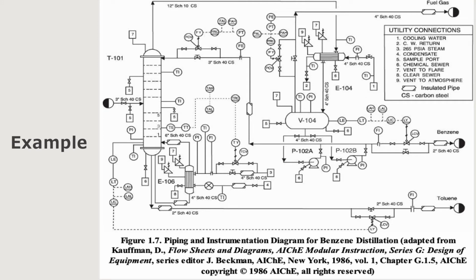This is an example of a piping and instrumentation diagram for benzene distillation. In this diagram, we can recognize all the instrumentation needed for the equipment to work properly.